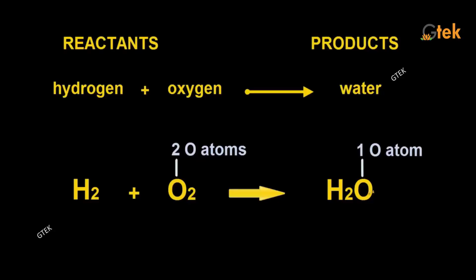I am trying to show you how simple chemical equations are balanced. If I put a 2 here, it's not possible. So obviously I need to put 2 here to make it 2 oxygen here. If I make 2 oxygen here, the hydrogen becomes 4.